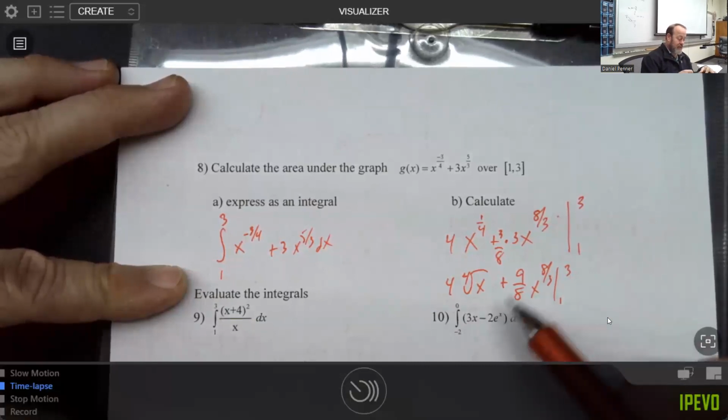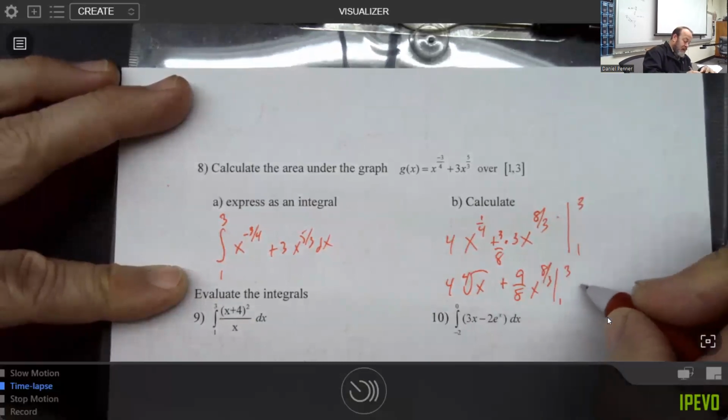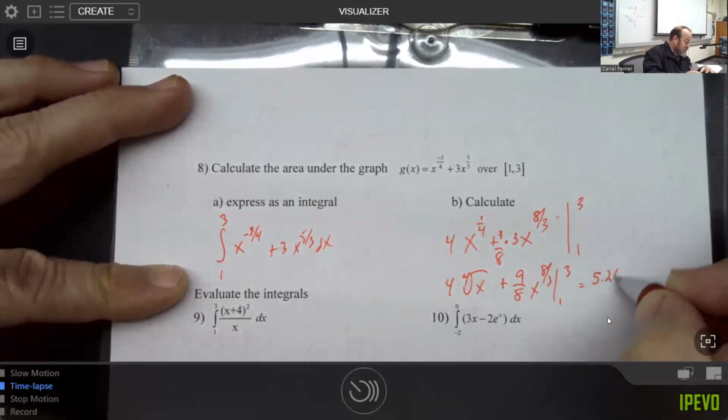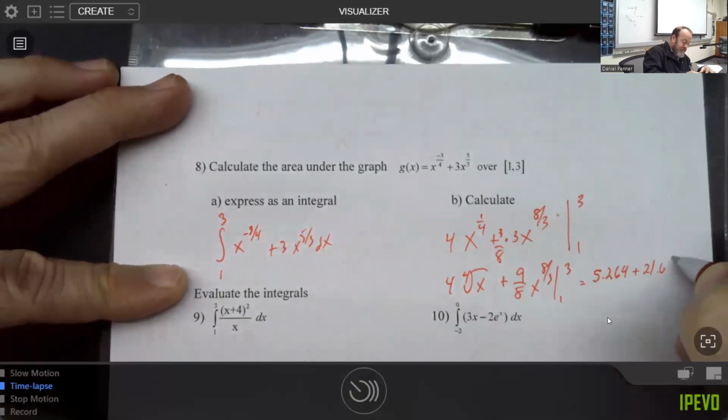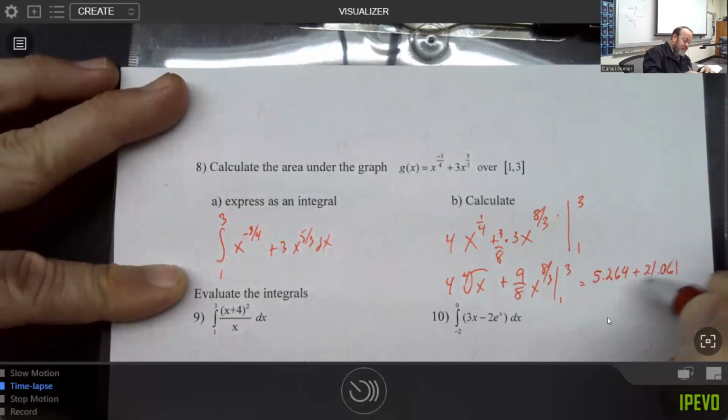Although, you might get away with something nice in this position right here. We're plugging in a 1, but plugging in a 3 is not going to be very pretty. So I did that separately off screen, and I've got 5.264 plus 21.061 coming off of the first part.